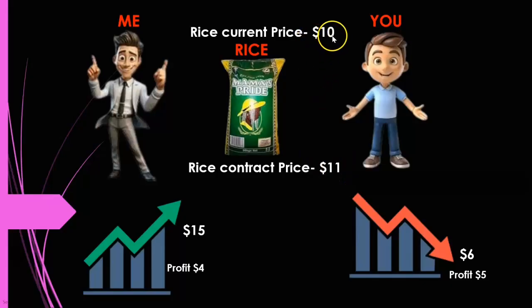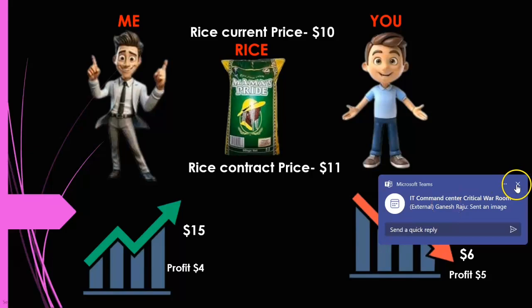Currently the price is $10. So in December, two things can happen. The price can go up or it can come down, depending on whatever happens in the market.